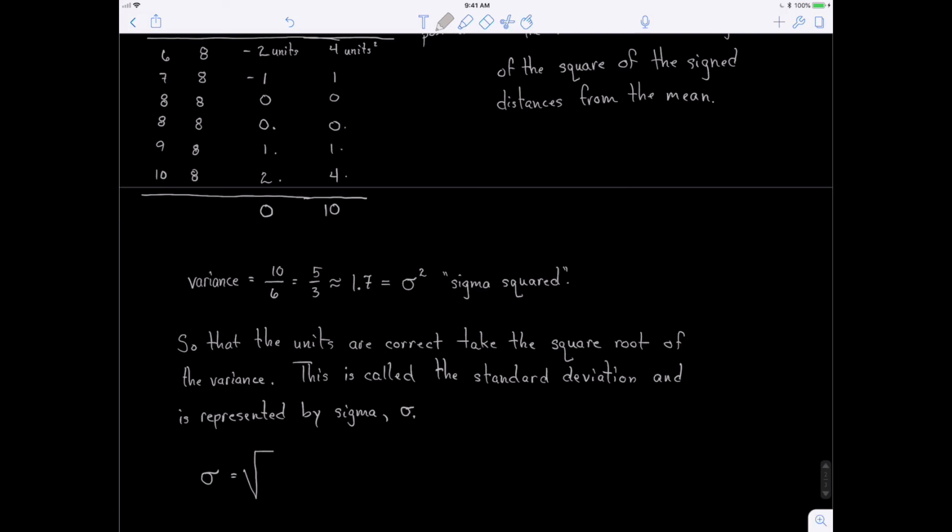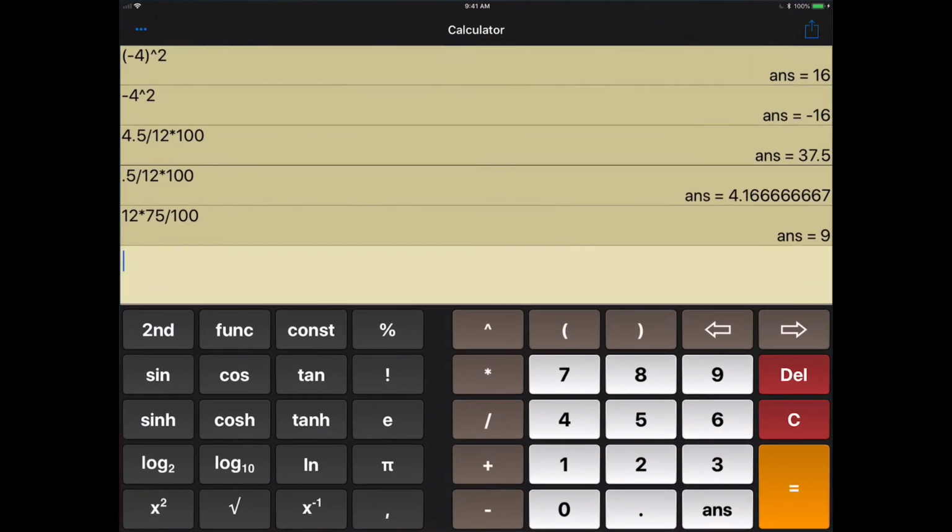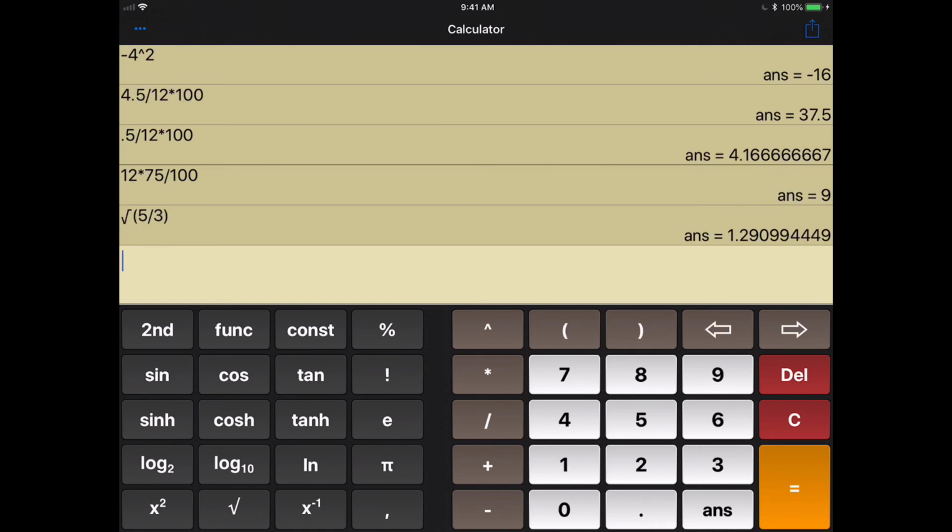You could use the 1.7, but since that's already a rounded number, let's just use the 5/3. And if we take the square root of 5/3, let's use Good Grapher and just see what happens. So if I go to Good Grapher and take the square root of 5 divided by 3, it needs a parenthesis, I press enter, and I get 1.29099.